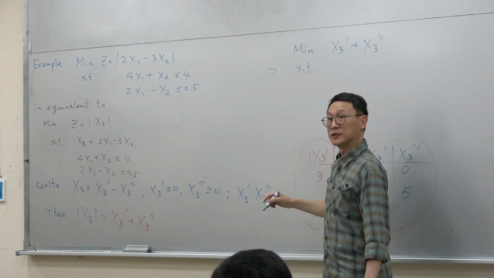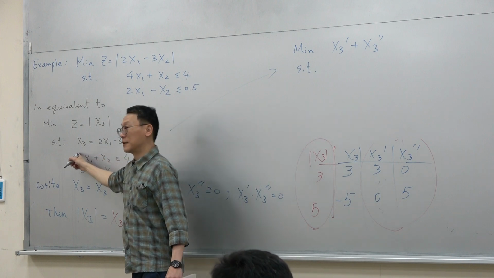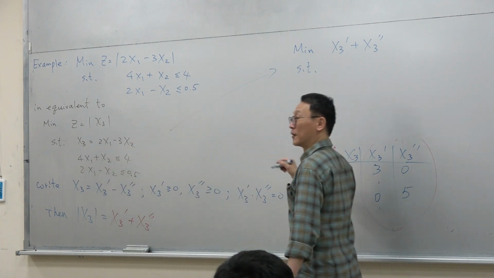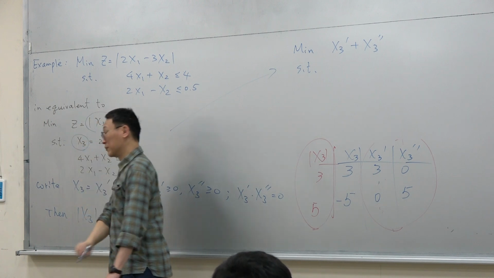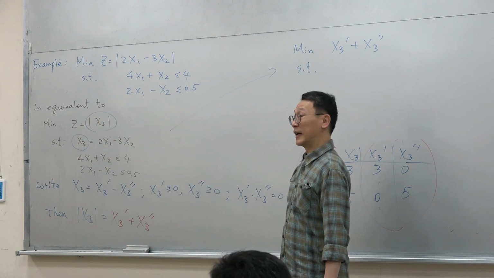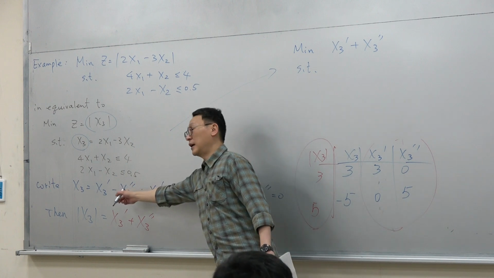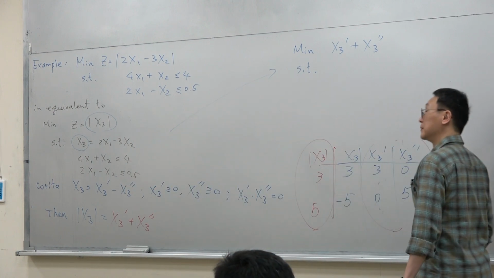And our constraint is, again, we change x3 and the absolute value of x3 to x3 prime and x3 double prime.